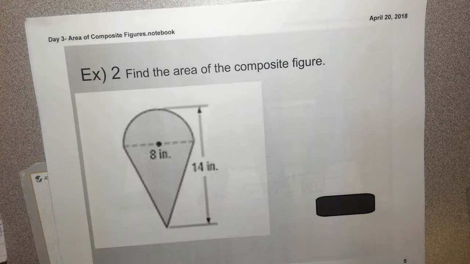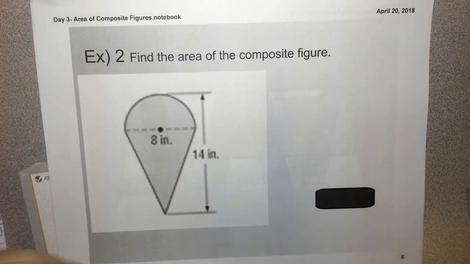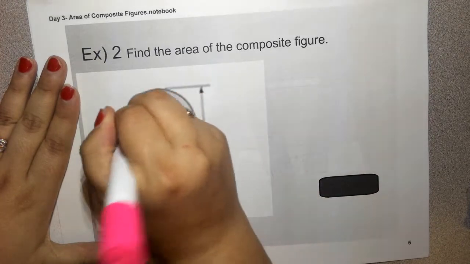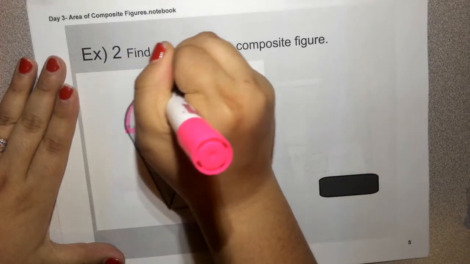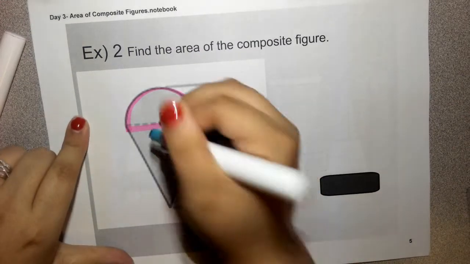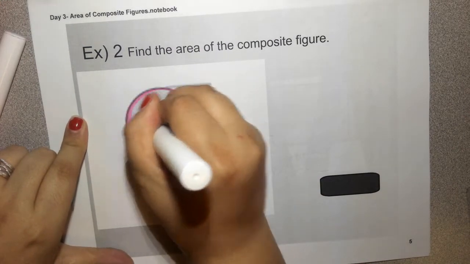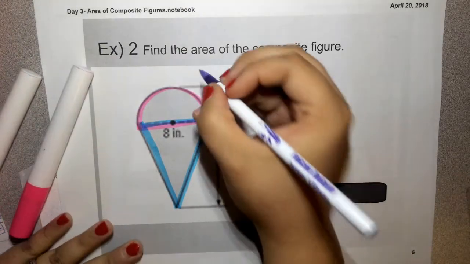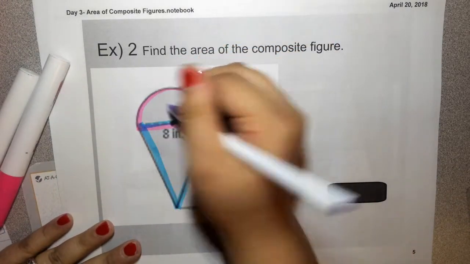Okay? For this one, I want you to find the area of this. I have a semicircle and I have a triangle. So let's do the semicircle first. So the area of a circle is pi r squared.